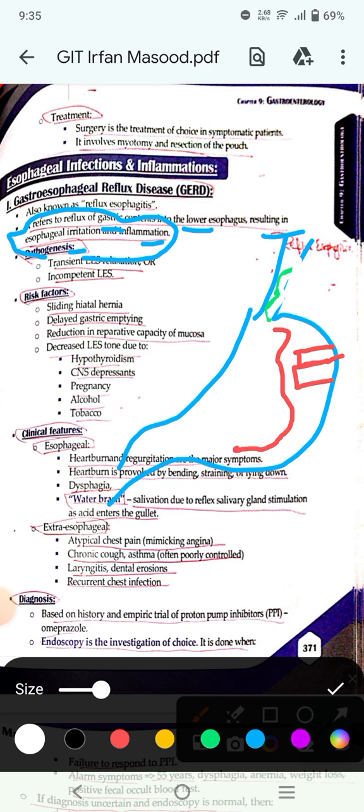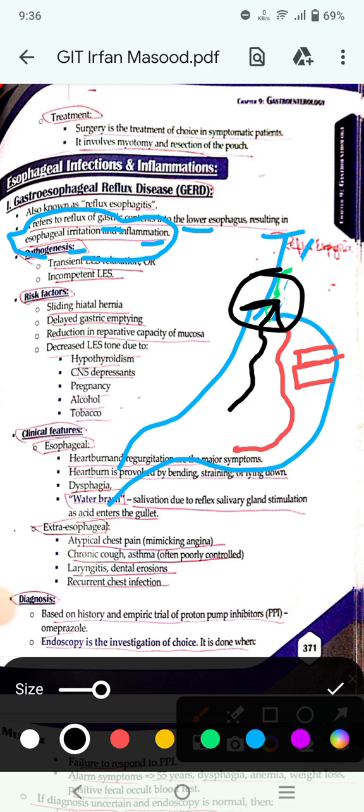So the gastric juice or gastric contents from the stomach will reflux back here, and this process happens again and again, repeatedly and continuously. So there will obviously be some pathology in the lower portion of the esophagus.